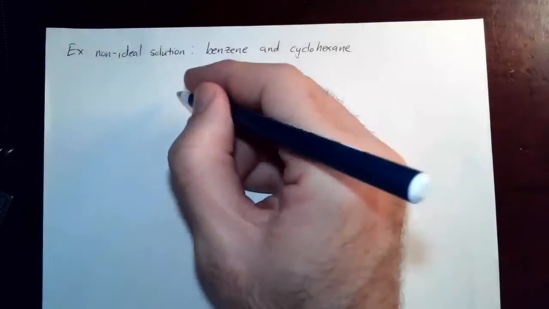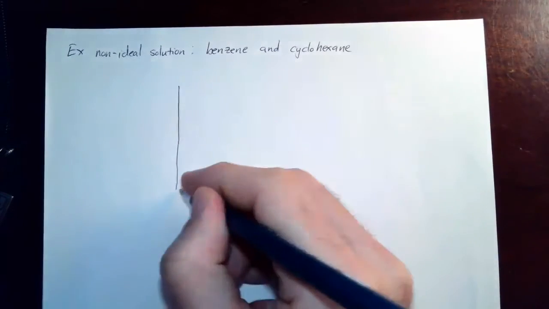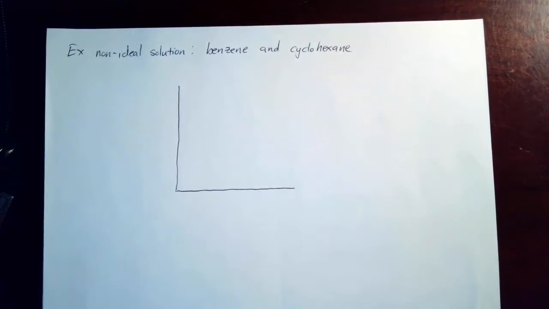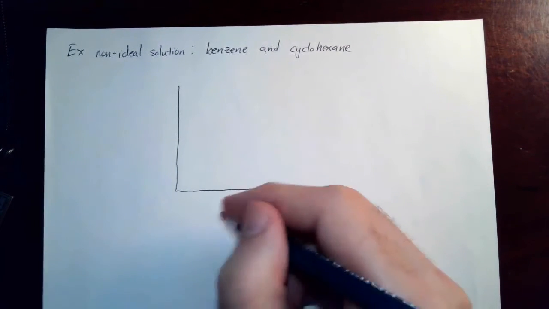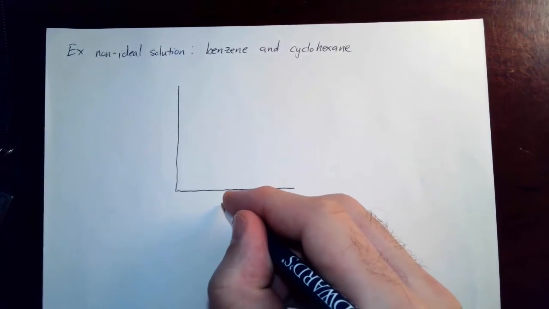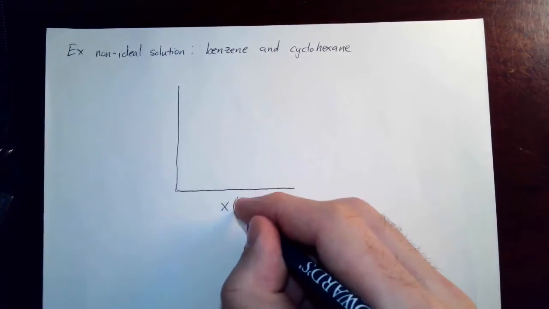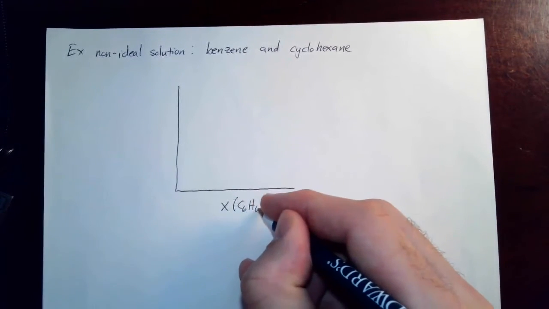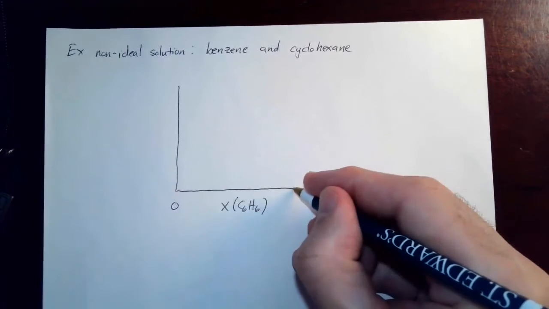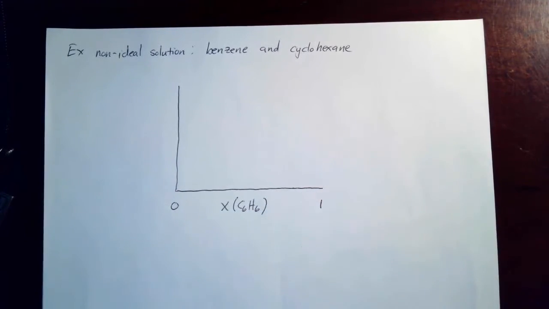So now let's talk about a non-ideal mixture. Let's talk about a benzene and cyclohexane mixture. For this one, I'm going to plot some experimental data. This is plotted in your textbook as well. On the horizontal axis, I'm going to put the mole fraction of benzene, which varies from 0 to 1.